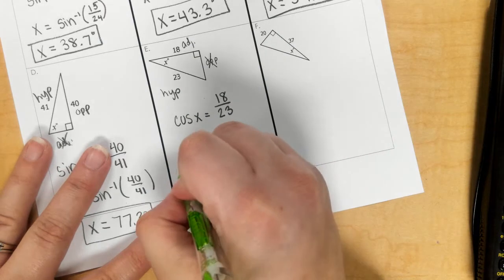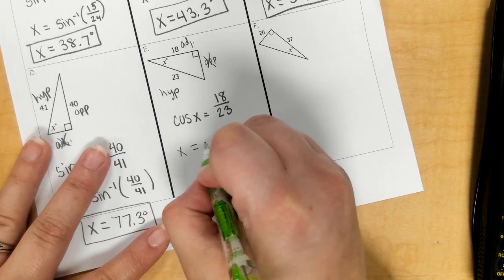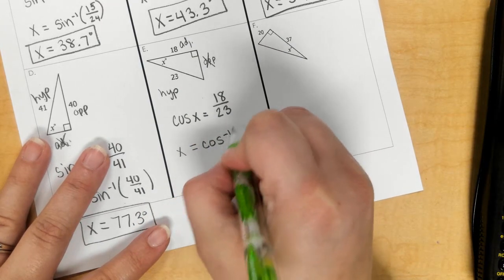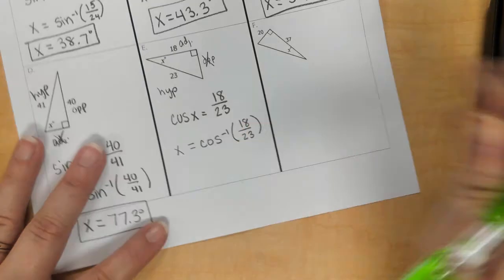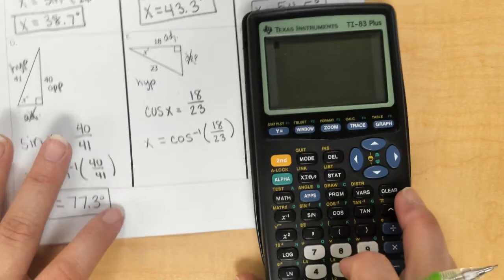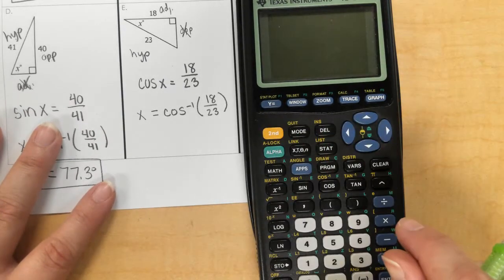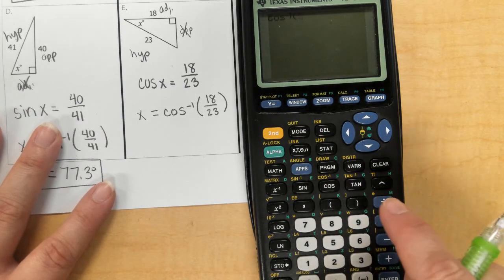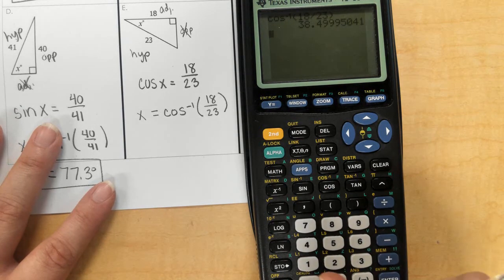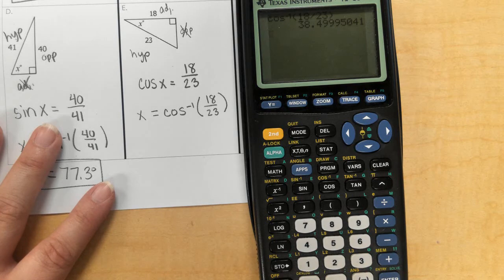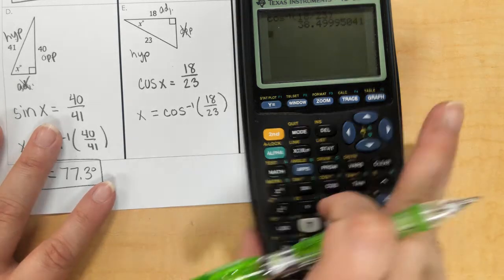And then to find the inverse of X, cosine inverse 18 over 23. Get second cosine 18 divided by 23. Close the parenthesis and we get 38.5 degrees.